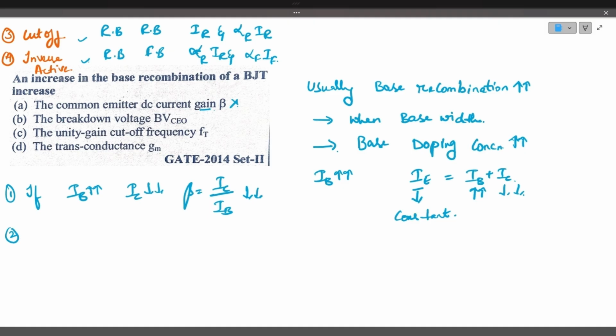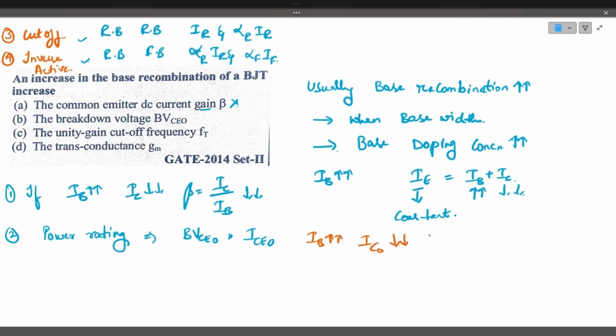Second option is the breakdown voltage BV_CEO increases. So if you see, the power rating of a transistor is given as BV_CEO multiplied by I_CEO, which is a constant. Power rating is a constant parameter. Here what happens is, if you observe carefully, as I_B increases, I_CO, the reverse saturation current, decreases.